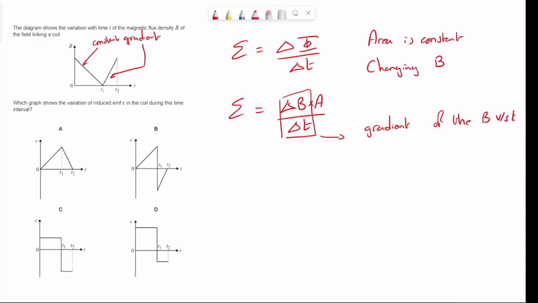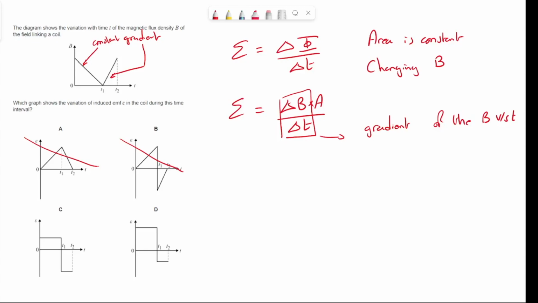Both have constant gradients, which means that the EMF is expected to be constant between the times 0 and T1 and T1 and T2. Graphs A and B both show increasing and decreasing values of EMF, so these two graphs can be eliminated straight away. So it's a choice between C and D.